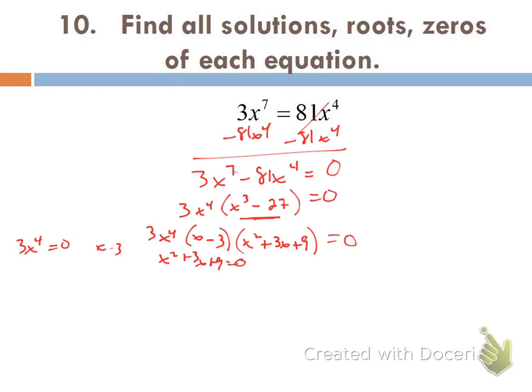The first one, we divide both sides by 3. We get x to the 4th equals 0. And then we can actually fourth root this, right? Because it's still equal to 0, we can still fourth root that and get x equals 0.